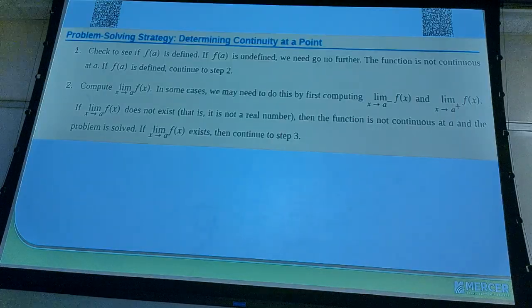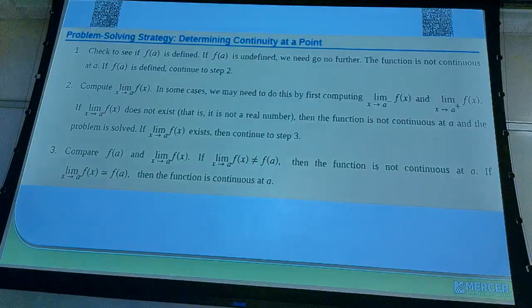If that limit does not exist, it's not continuous at the point, but check one-sided continuity, and also calculate left and right. If that limit does exist, check to see if it is f of a. If it's not, it's not continuous. If it is, then obviously it is continuous.